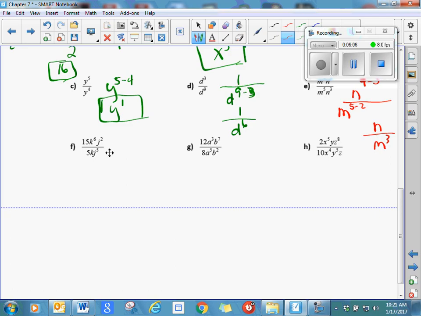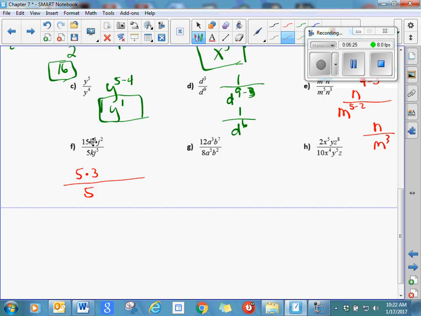Now this is the first one where we've actually got some coefficients, some factors that are numbers. You need to go ahead and divide these. You need to treat these as if they're just numbers, because of course they are. So we've got 15, which is 5 times 3, and a 5 in the denominator.